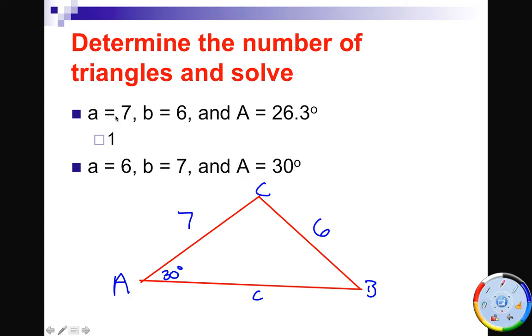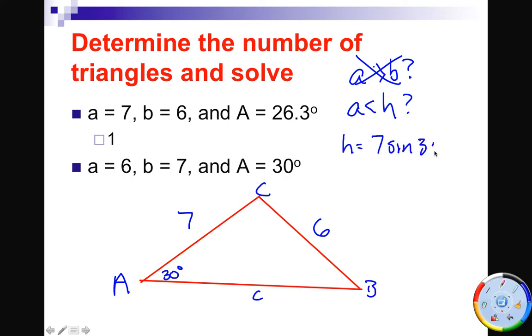Now, I could try thinking what I did earlier. Is A bigger than B? Oh, no, it's not, because I used the same numbers, but I switched them around. Is A less than H? I don't know, because I haven't found H yet. H is 7 times the sine of 30.